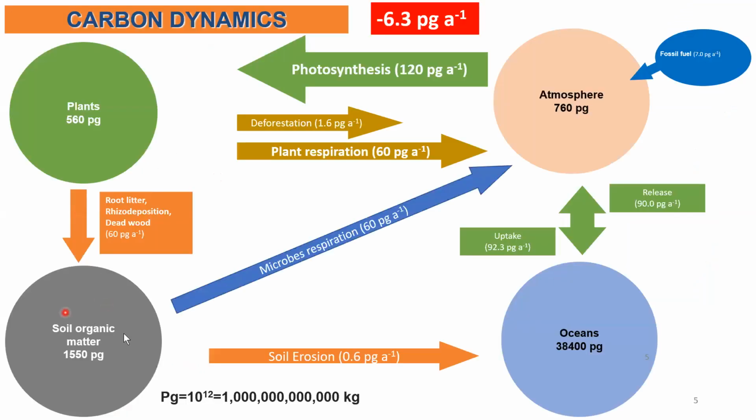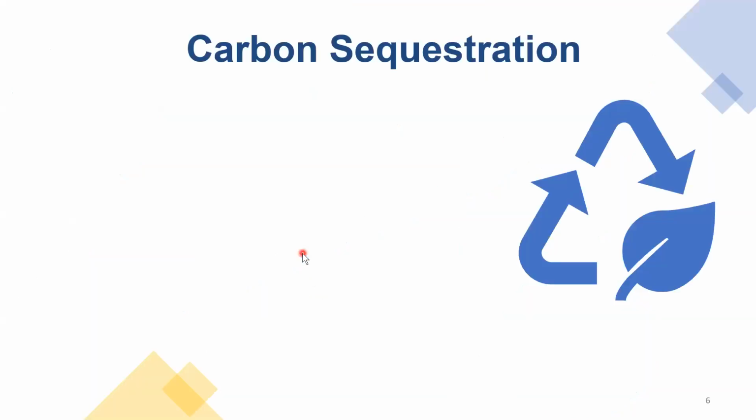If we look at microbial respiration, that is a very important factor which is releasing carbon dioxide to the atmosphere. If we work on that and reduce that, of course we cannot reduce the microbial population, which is very beneficial as well. But we have to systemize that so that they can reduce the carbon dioxide emissions.